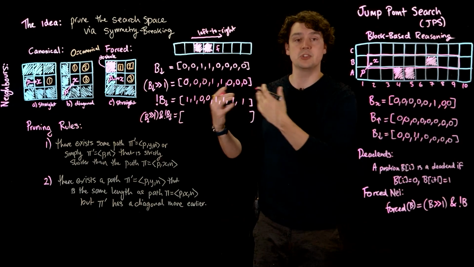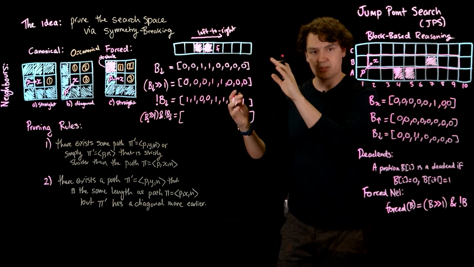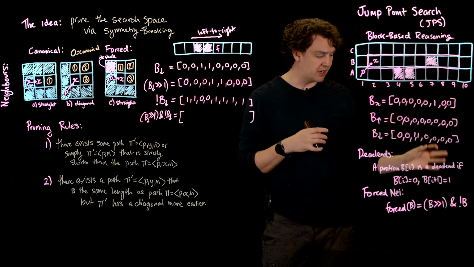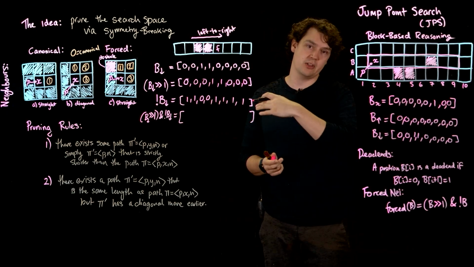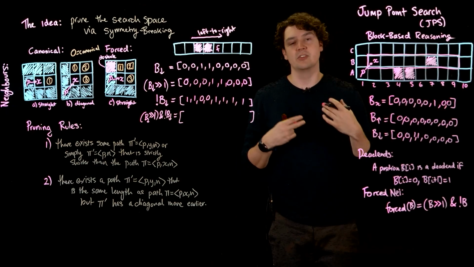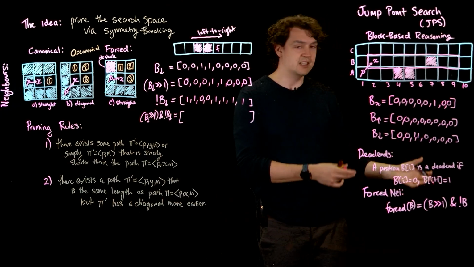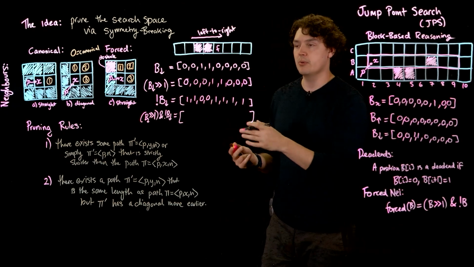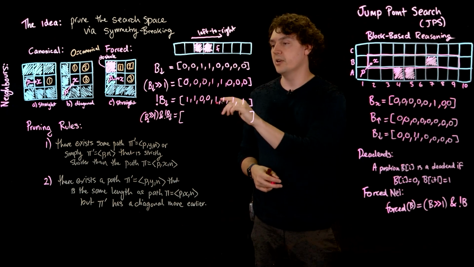That corresponds to a forced neighbour in this direction. If we flipped the whole ordering of this, we'd have to flip all of our logic. So we'd be doing left shift operators if we're going the other way. We would be using, instead of the FFS instruction, the CLZ. So there's this inverse kind of operation going on here. I think it's pretty easy to convince yourself how that works.